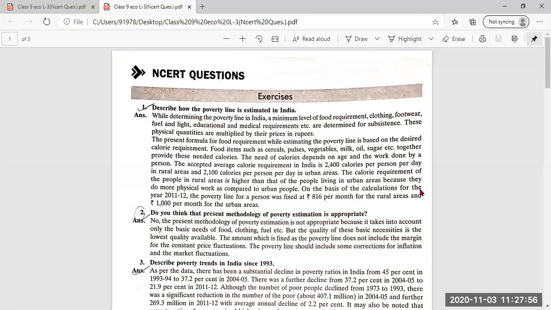So these are the question answers of your NCERT book.